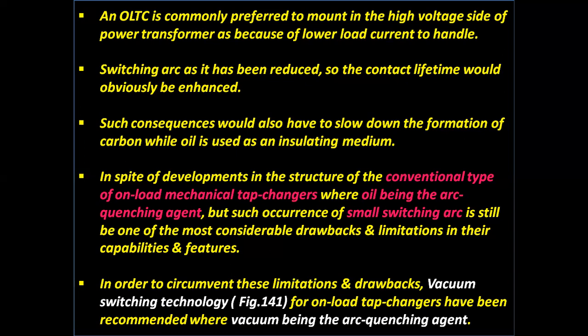In spite of developments in the structure of the conventional type of on-load mechanical tap changers, where oil is the arc quenching agent, the occurrence of small switching arc is still one of the most considerable drawbacks and limitations in their capabilities.